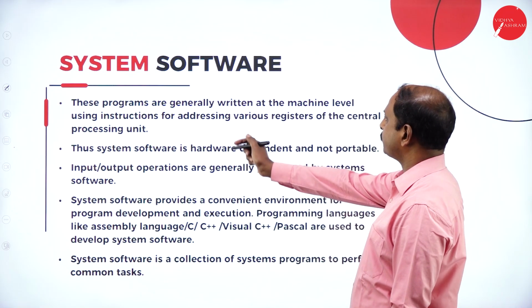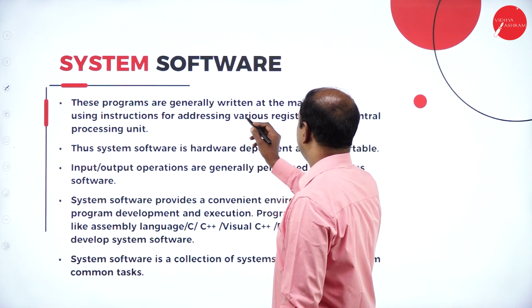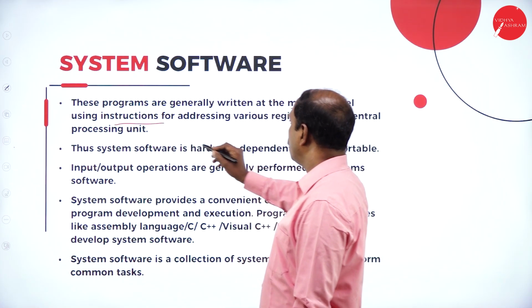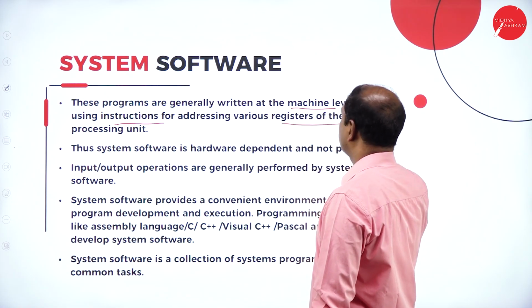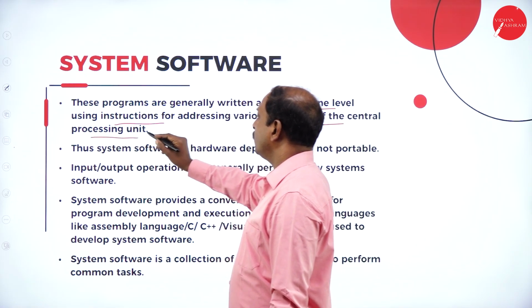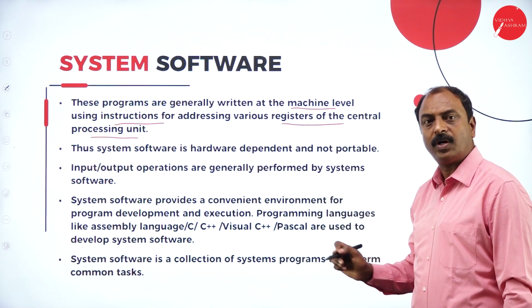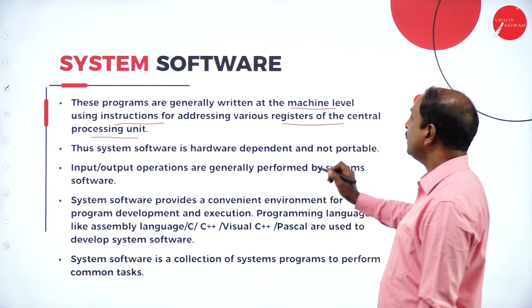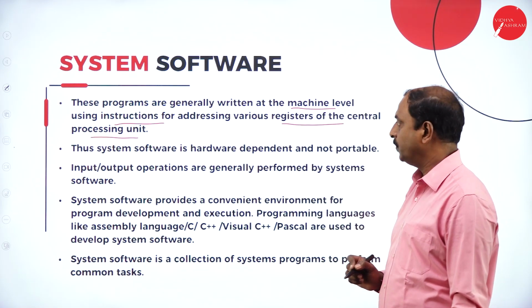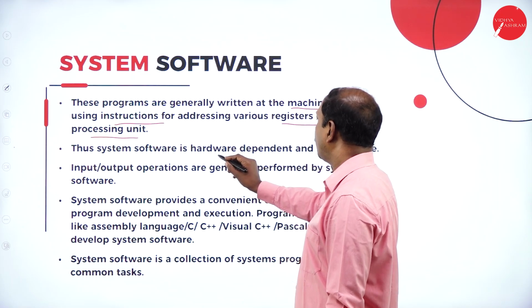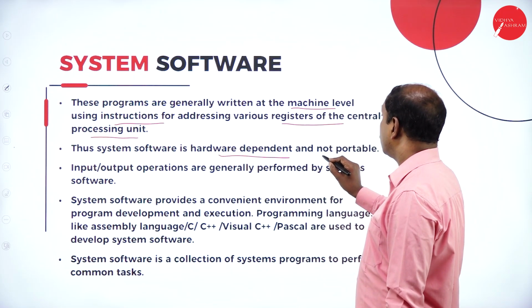These programs are generally written at the machine level, using instructions for addressing various registers of the CPU. So this software has been developed in connection with the hardware part of the CPU, and thus system software is hardware dependent and not portable.